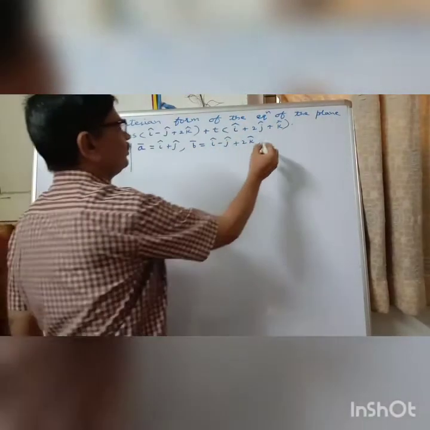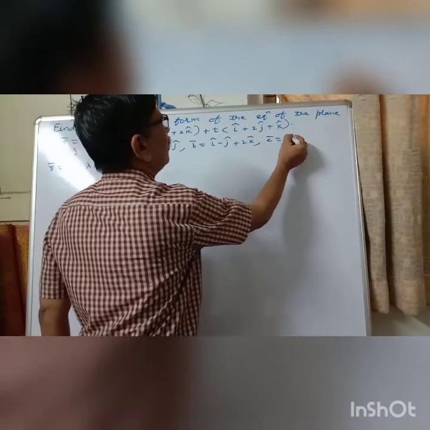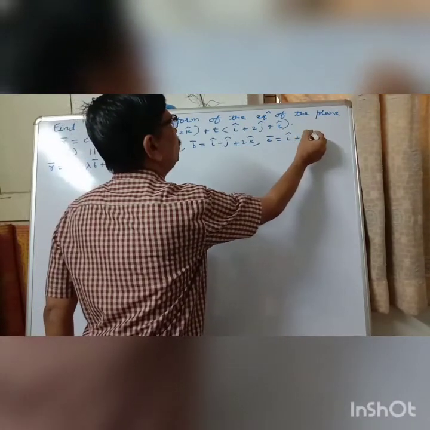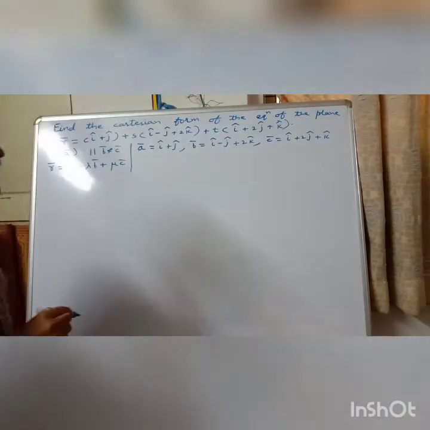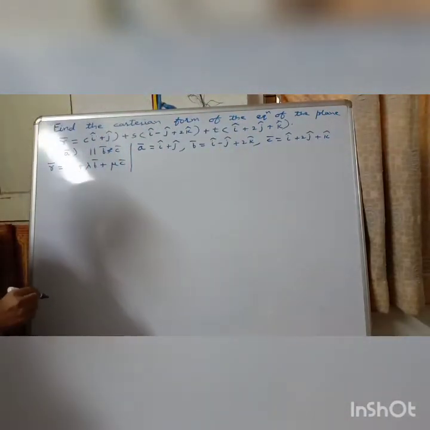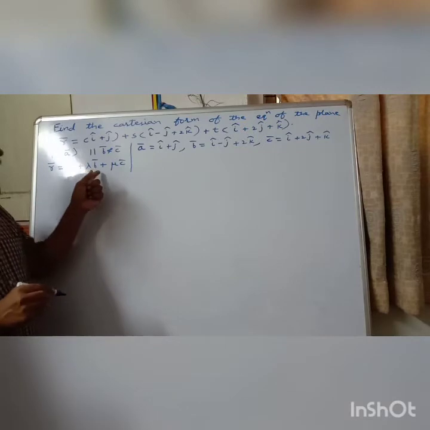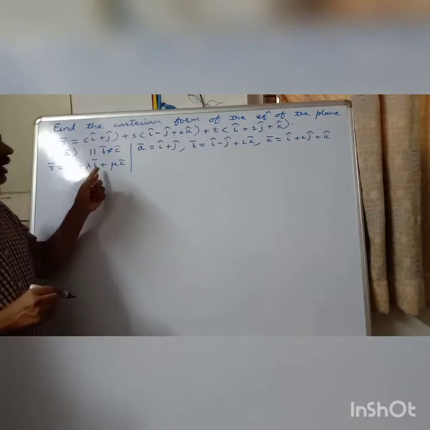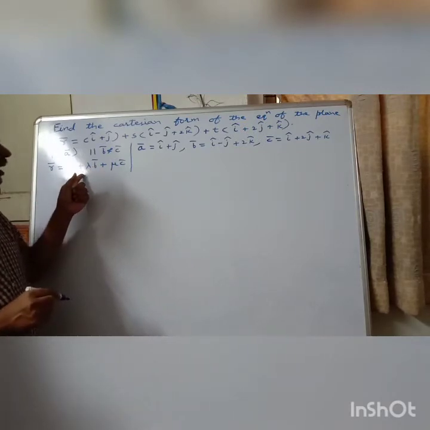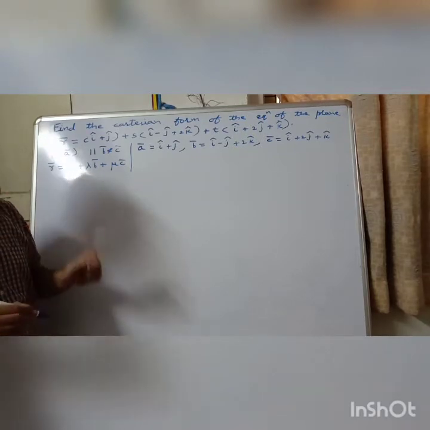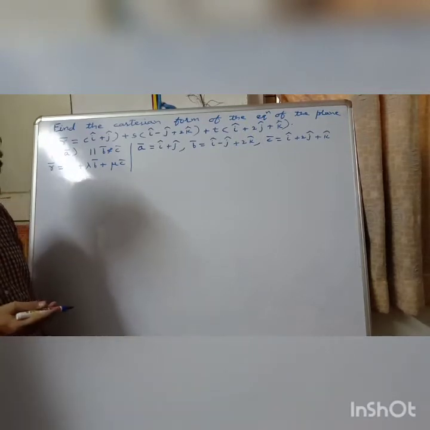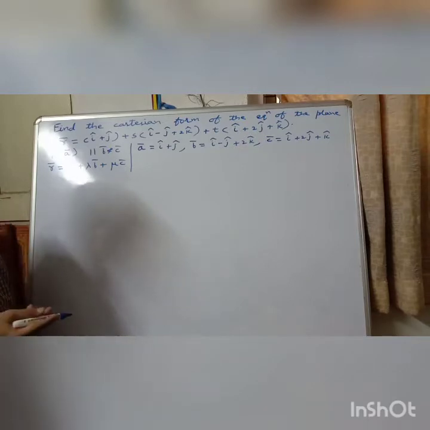C bar, i plus 2j plus k. Now this is equation of plane in parametric form, that we shall convert into non-parametric form or scalar product form.